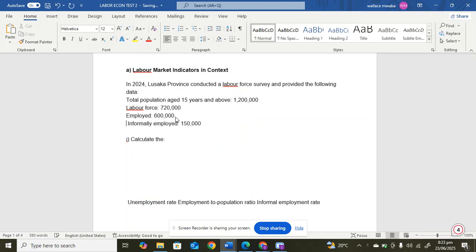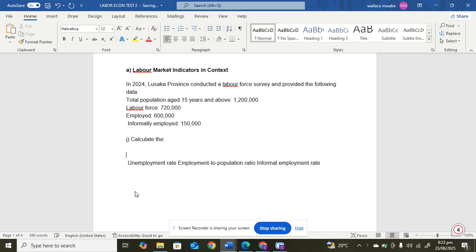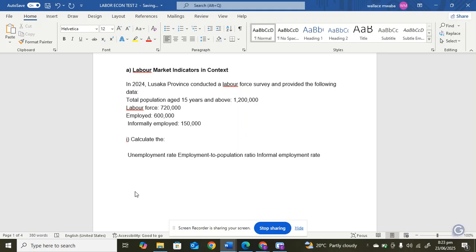Informally employed, 150,000. So they want us to calculate the labor force participation rate, the unemployment rate, the employment to population ratio, and the informal employment rate.